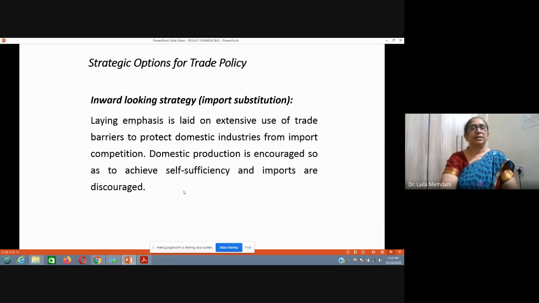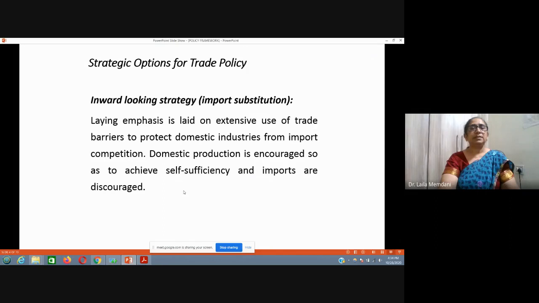So, what government does is, rather than promoting export, they go for saving the foreign exchange, because foreign exchange is always in shortage for an underdeveloped country or a developing country. So they want to reduce imports.